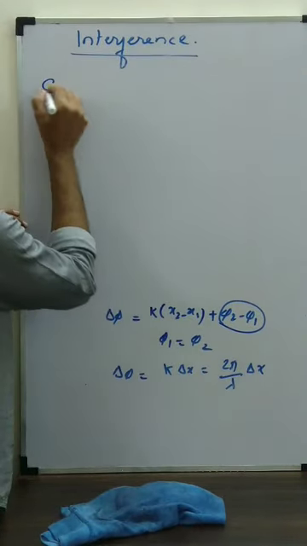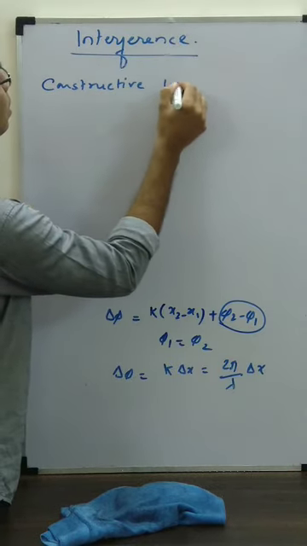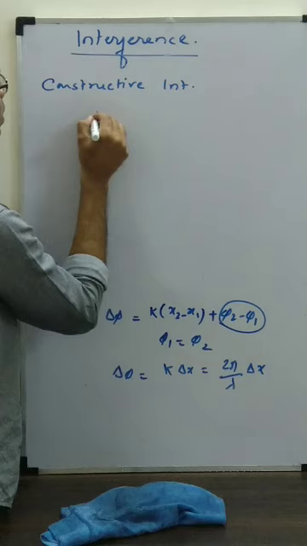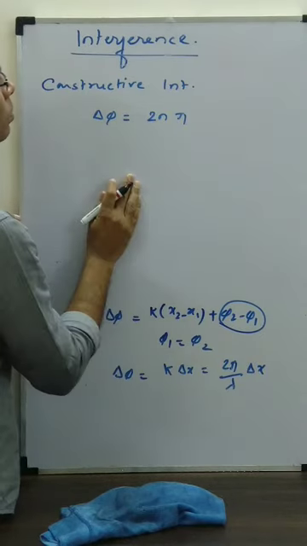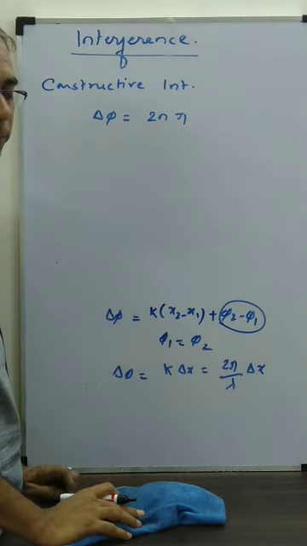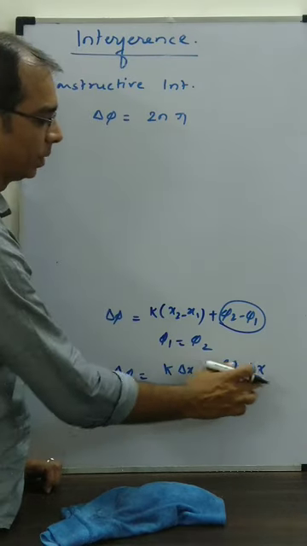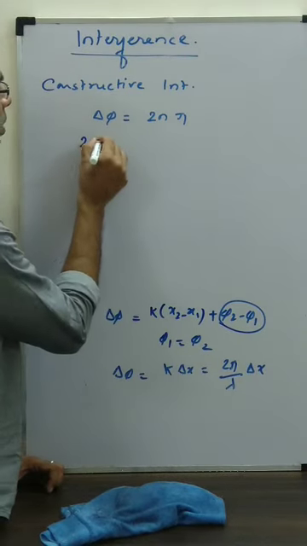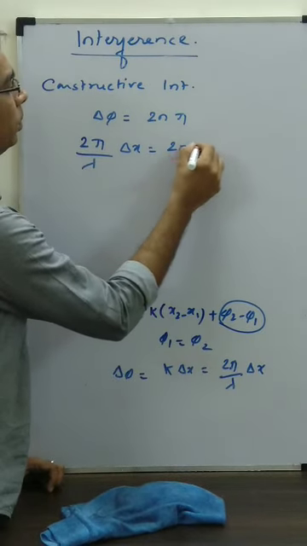Again, constructive interference we found as delta phi equal to 2n pi. The condition for constructive interference was delta phi equal to 2n pi. And from here, delta phi is actually 2 pi by lambda into delta x. So here we are putting 2 pi by lambda into delta x equal to 2n pi.